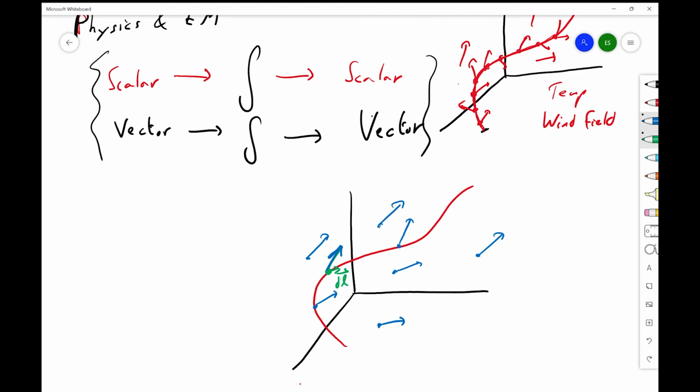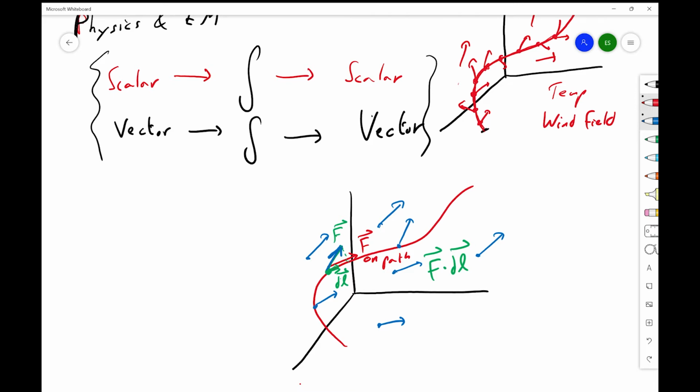At each point in the path, we don't sum an actual vector, we sum the projection of this vector on the path. Let's call this F. We're summing F dot dl. So at each point along the path, we're taking the component of F that is on the path, and we're summing that up.